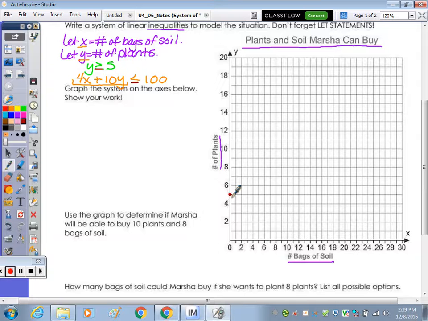So we graph it as if it was y equals. And then we're going to graph all the values greater than 5. There's the equal to, the solid line, and then greater, would that be above or below? Above. So I'm going to label this as y greater than or equal to 5 before I shade.